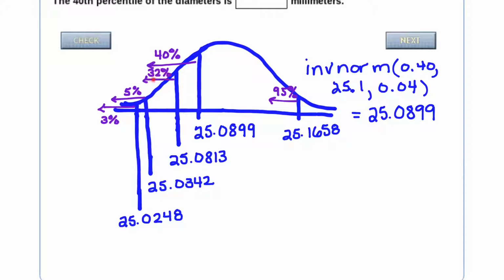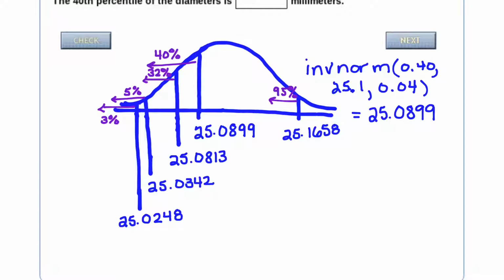Then the 32nd percentile is 25.0813. So 32% of values fall in this area below. And then we wanted the bottom 3%, because those were the ones that were too small. They were the ones that fell through the hole.